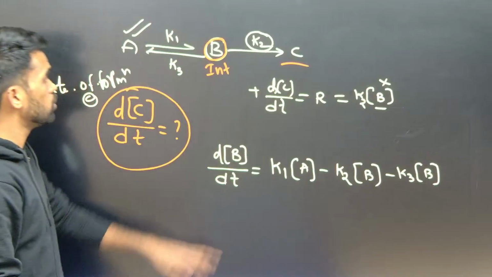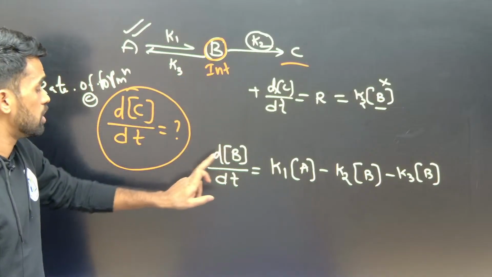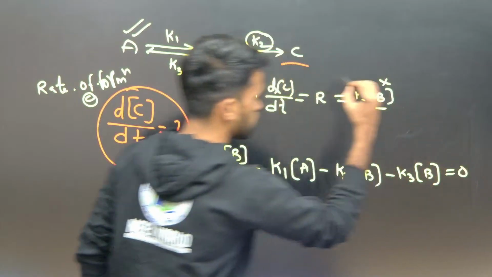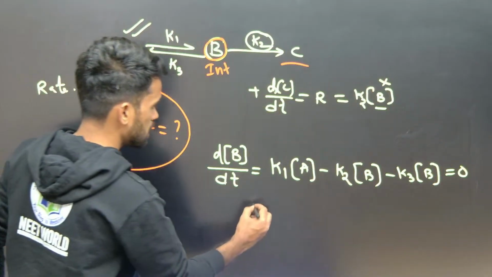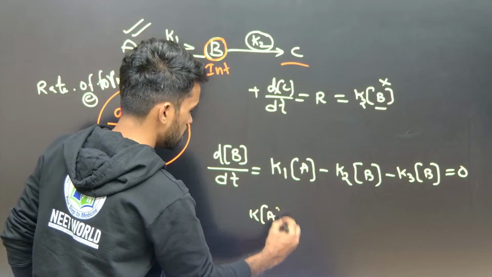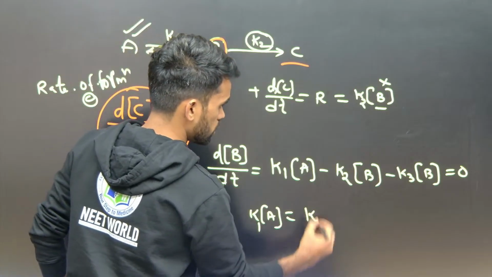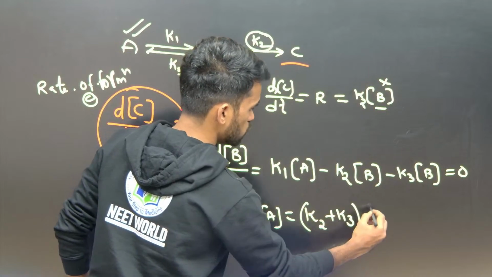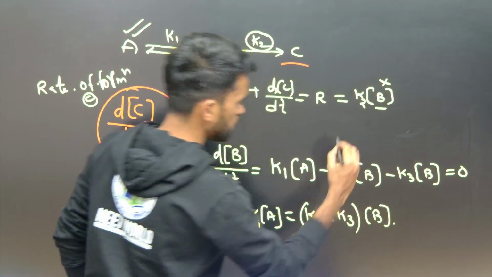See what I told you, if there is any intermediate involved, its change in concentration will be 0, so you can make it equal to 0. So from this, K1A is equal to K2 plus K3 into the concentration of B.